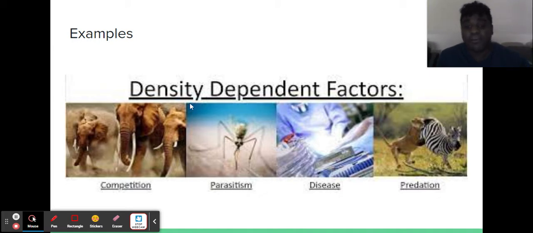So all of these are based on the total number of individuals in a population. The greater the population size, the more density dependent factors will start to impact that population. The smaller the size, the less these will impact the population. And again, these are all dependent on population size, and it'll be different for every environment. So keep that in mind.